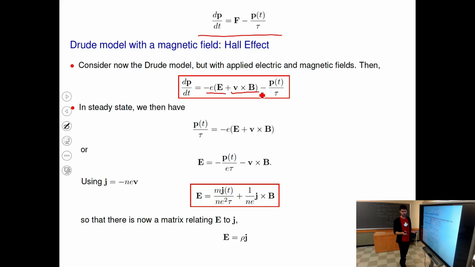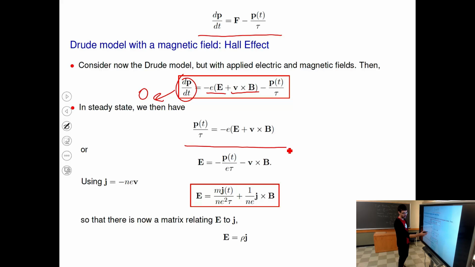The approach is very similar, but the math is a little more complex because of this magnetic field and especially because of this cross product. So we find a steady state solution. We put dp/dt equal to 0, and this gives us an equation that connects a steady state momentum to the scattering time and the force.